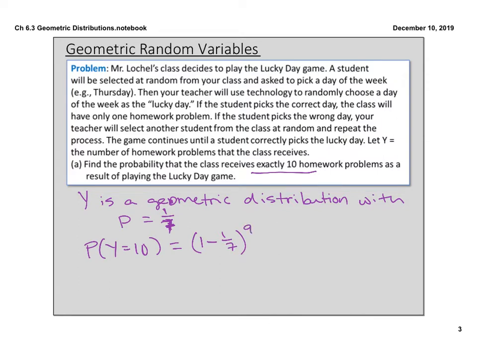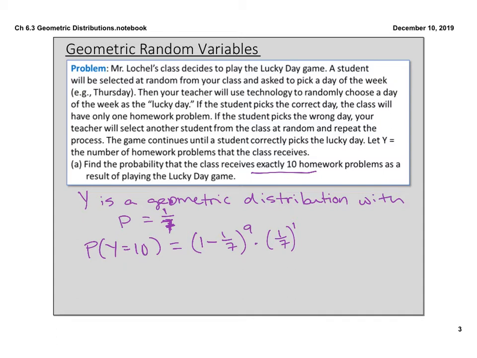Because if the 10th person is the success, that means that 9 people failed up until that 10th person. So 9 people failed, which means I need the probability of failure, or 1 minus the 1/7, times that probability of success. And again, you can call that raised to the first power, but we know raising something to the first power doesn't really make a difference.